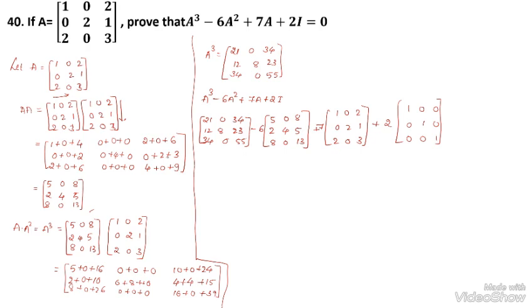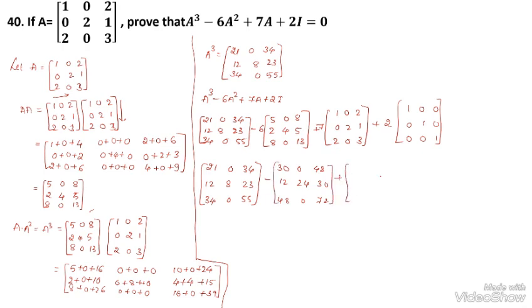Now I can multiply all the values here. 34, 12, 8, 23, 34, 0, 54. 6 5s are 30, 0, 6 8s are 48, 12, 6 4s are 24, 6 5s are 30, 6 8s are 48, 0 and 72.